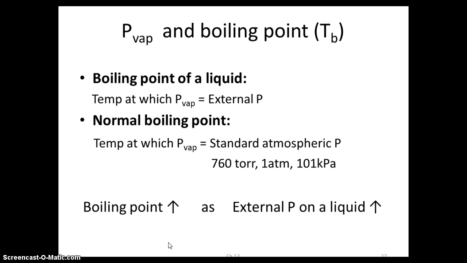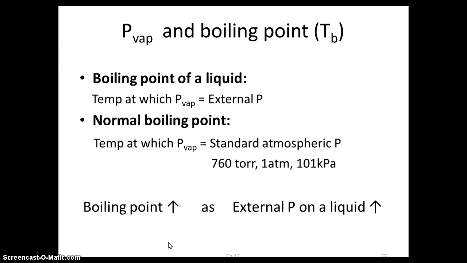Okay, so now let's talk about the normal boiling point. Usually we talk about things at standard atmospheric pressure and temperature. It makes it a little bit easier when we're doing calculations, and it gives you a basis to compare to. So the normal boiling point is the temperature at which the vapor pressure is equal to standard atmospheric pressure.